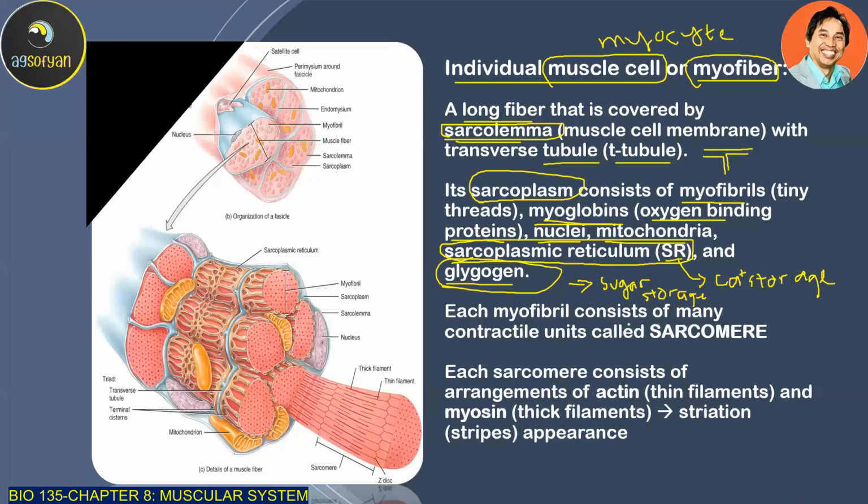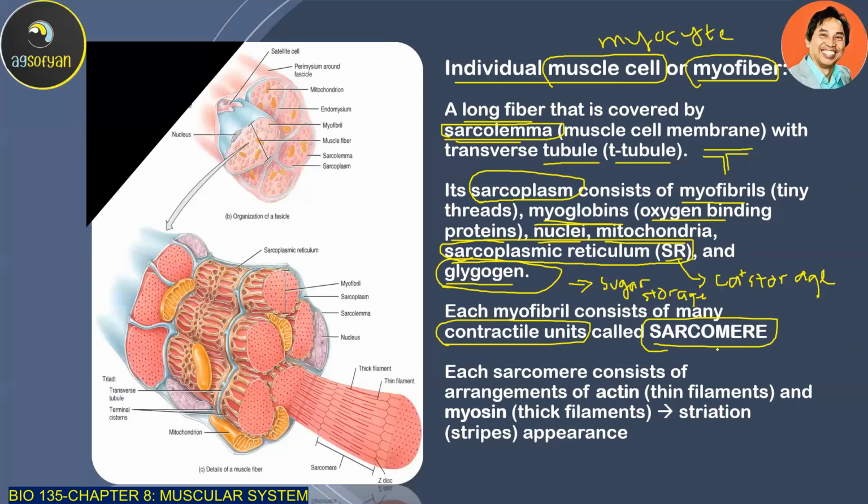Each myofibril consists of many contractile units. This is really important. The unit of contraction of muscle tissue or muscle cell is called the sarcomere. This is the unit that really performs contraction. There are millions of sarcomeres in one muscle cell.